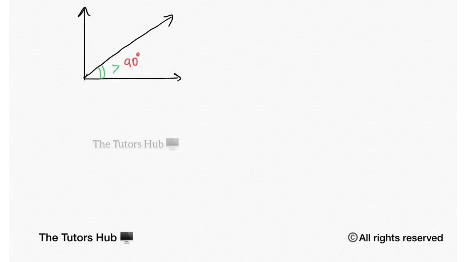So now coming to another topic, you can see our line which is less than 90 degrees. These lines less than 90 degrees are called lines with an acute angle.